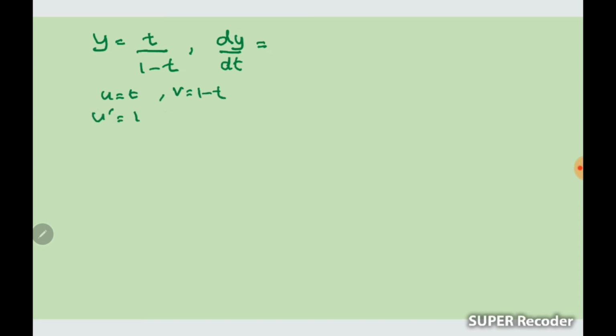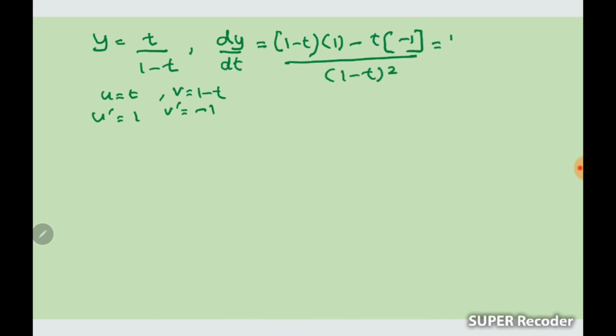Therefore, u prime equals 1, v prime equals negative 1. dy/dt is equal to v u prime, so (1 minus t) times 1, minus t times negative 1, over (1 minus t) squared. Simplify, you will get 1 minus t plus t over (1 minus t) squared. Negative t and t cancel out, and the answer is 1 over (1 minus t) squared.